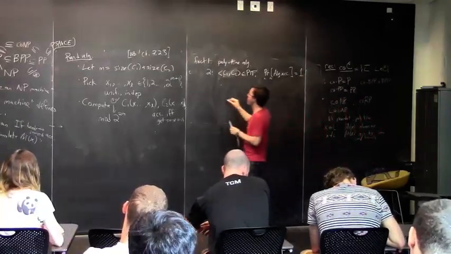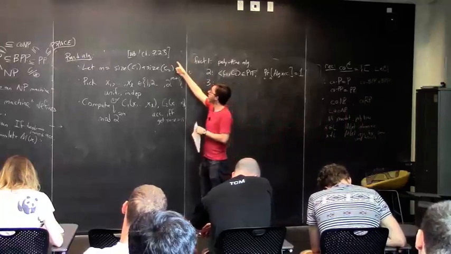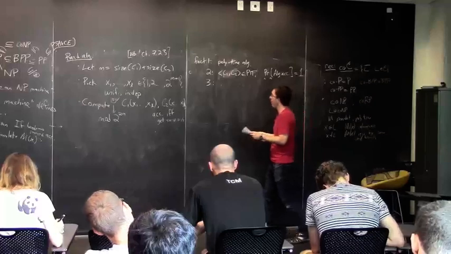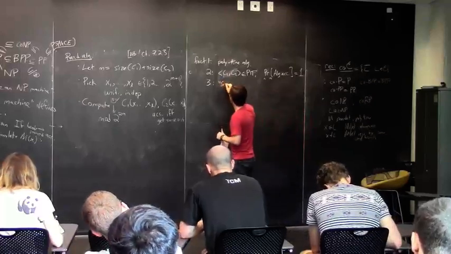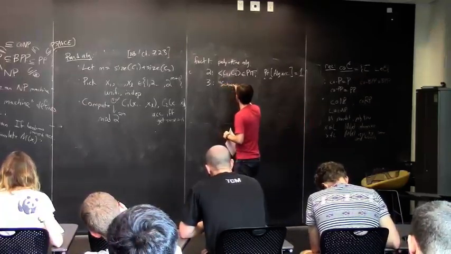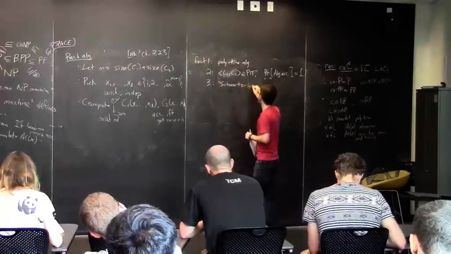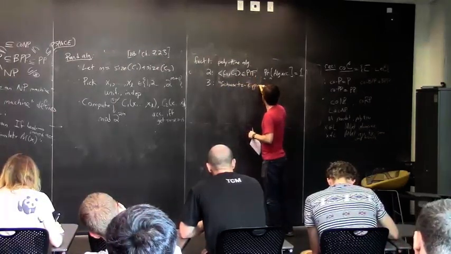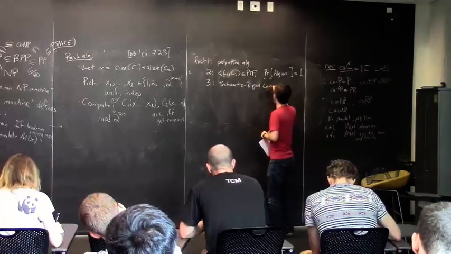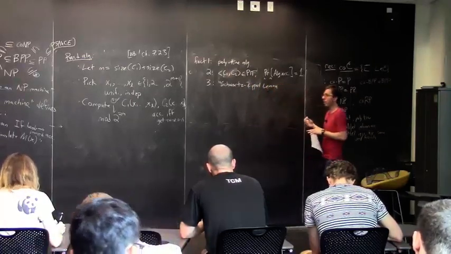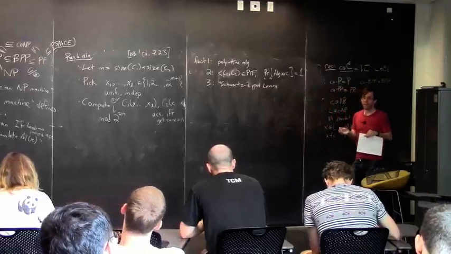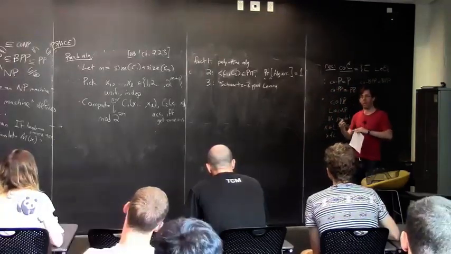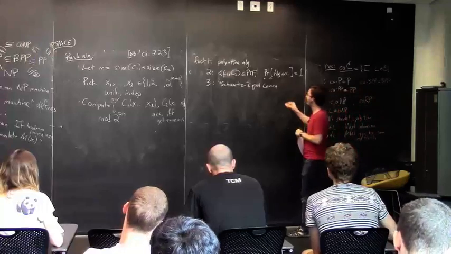And fact 3 is the non-trivial part, and you can read this chapter to find out why it's true. But I'll just tell you, using an important but basic fact about polynomials called the Schwartz-Zippel lemma, which basically says if you have a bounded degree multivariate polynomial, which is not the identically zero polynomial, then it's often non-zero on a random input.